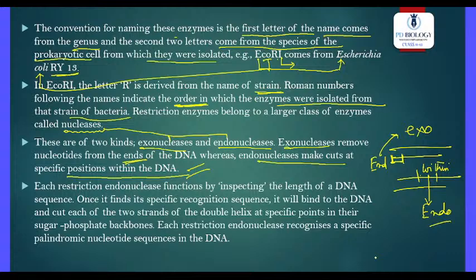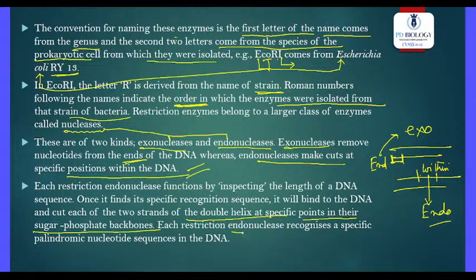Each restriction endonuclease functions by inspecting the length of a DNA sequence. Once it finds its specific recognition sequence, it will bind to the DNA and cut each of the two strands of the double helix at a specific point in the sugar phosphate backbones.